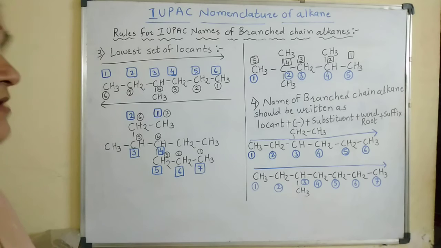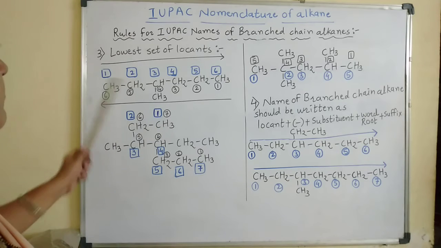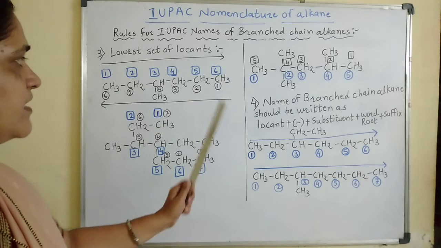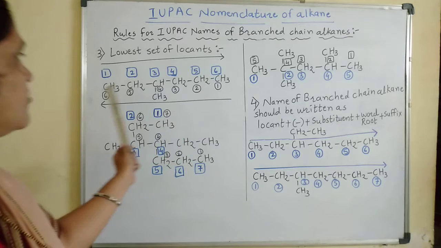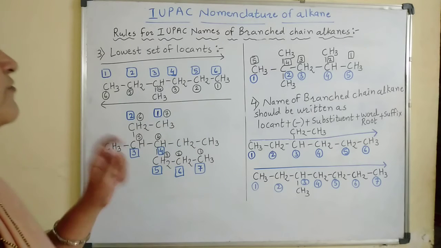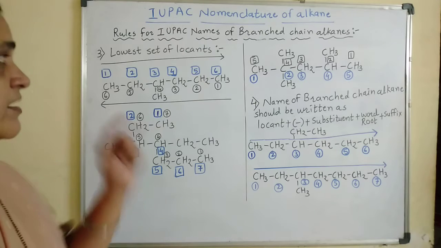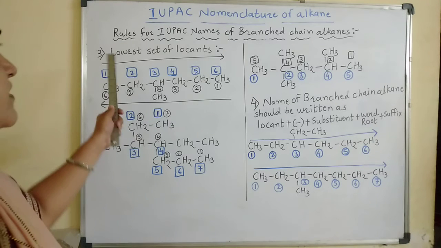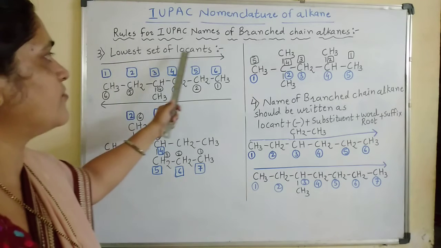But now which numbering will be correct? Because from left hand side to right hand side you are getting 6 carbon atoms, and from right hand side to left hand side also you are getting 6 carbon atoms. But which way of numbering is correct? At that time you have to keep this rule in mind: lowest set of locants.